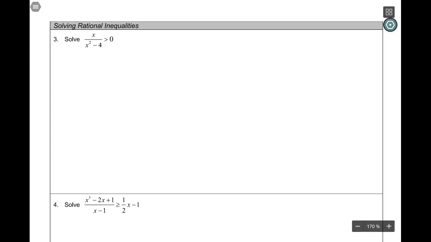squared minus 4. Here's what I'm thinking. Let's set up a sign chart, because sign charts are good tools to help us compare things to zero, and that's what we have here. So let's set up a sign chart. Alright, so in order to set up a sign chart, we're going to have to analyze this function a little bit.